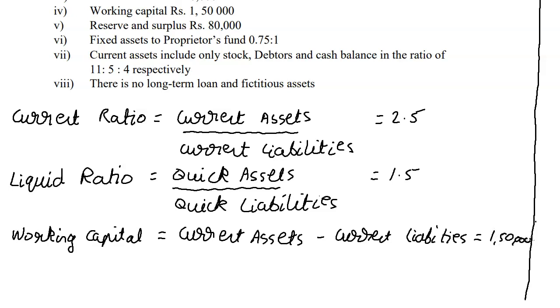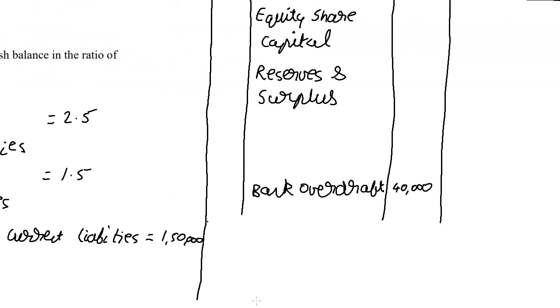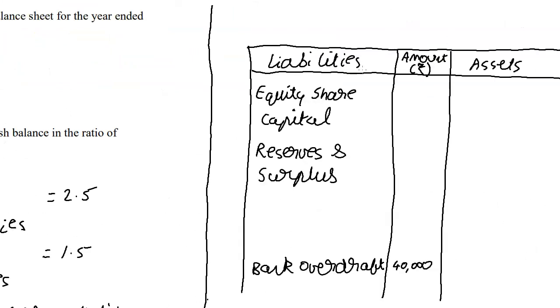Now, reserves and surplus, they've given us directly 80,000. So I'm going to go back to the balance sheet corresponding to reserves and surplus. Alright, so this is our balance sheet and I'm going to write 80,000.